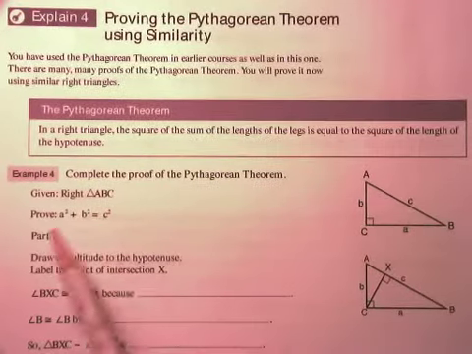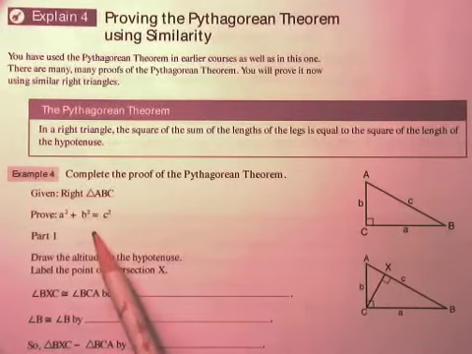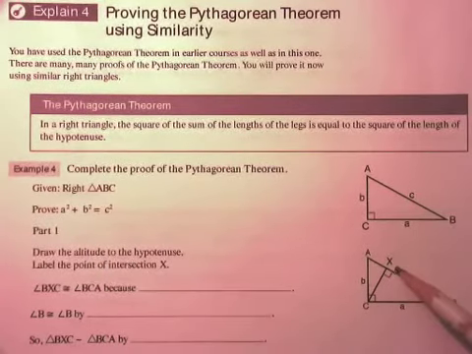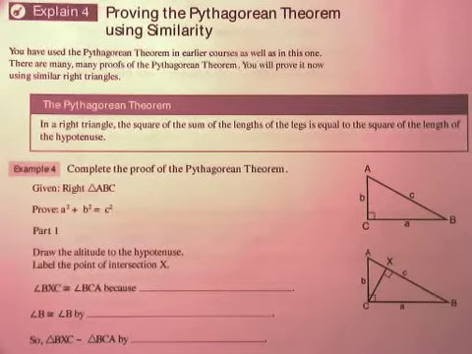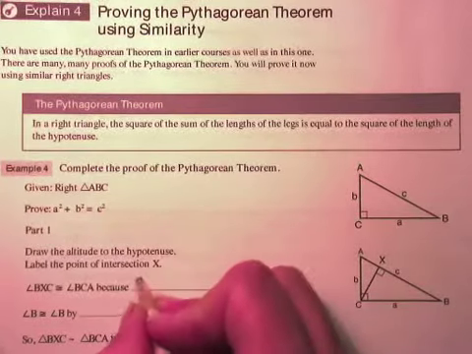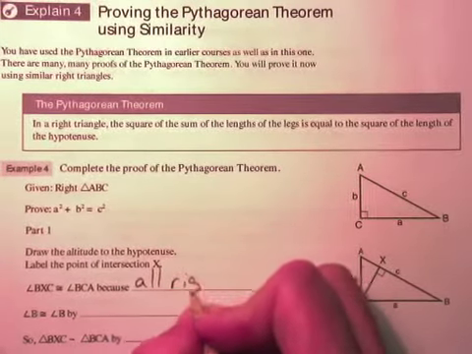And we've used Pythagorean's theorem here and there throughout the course. Now we're proving it. So I have this right triangle. I'm trying to prove that a squared plus b squared equals c squared, and I'm going to use that altitude to the hypotenuse.